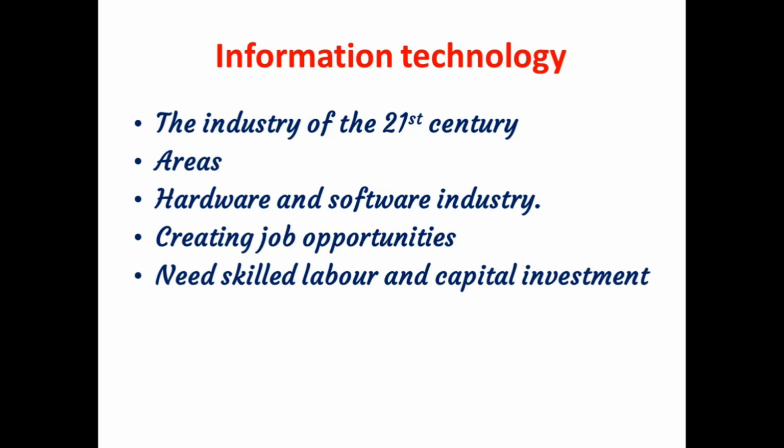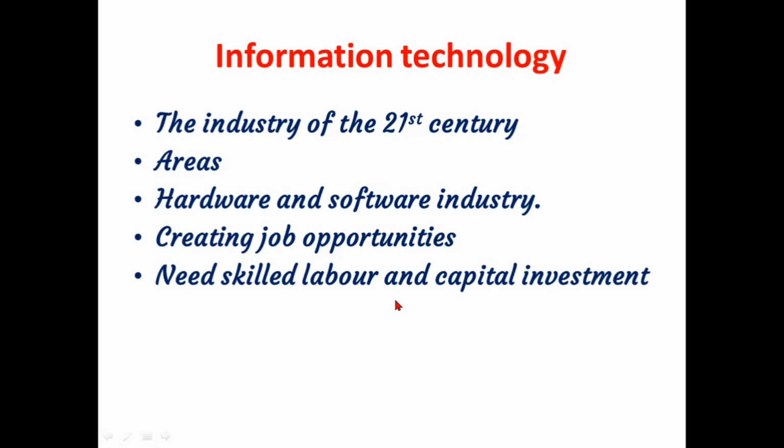The development of this industry is based on two major areas: the hardware industry and the software industry. The hardware industry is related to the manufacturing of computers and their components.